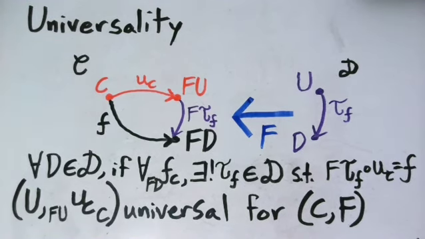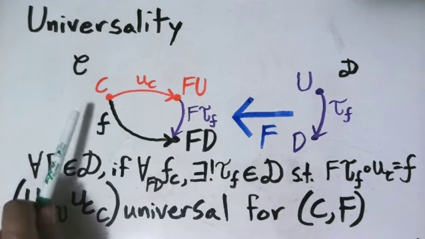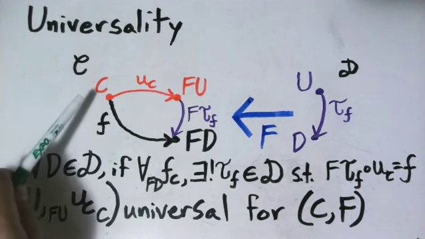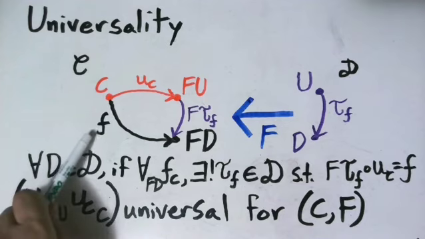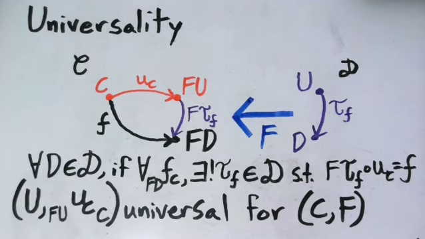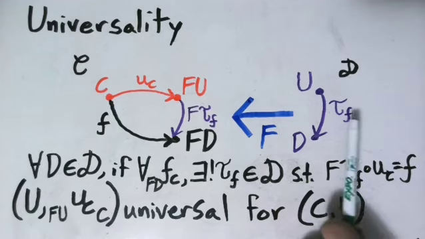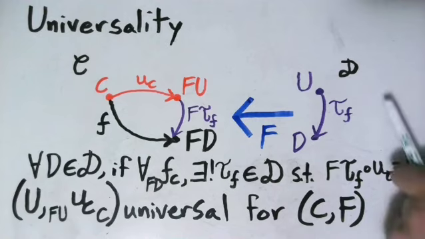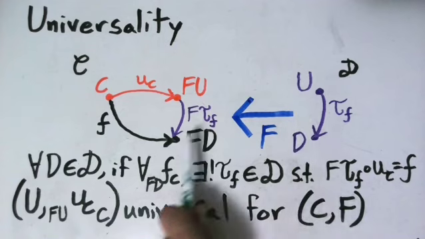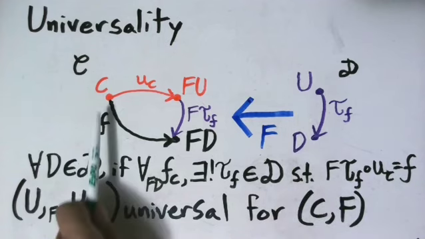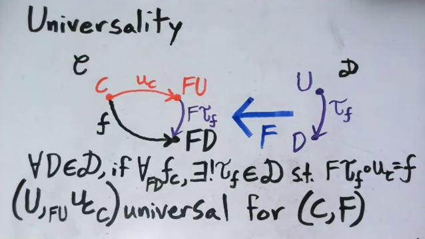And what it means for that pair to be universal is that for any object D in D, if we have some morphism f going from C into the image of D under F, so for any morphism f from C into F of D, there is a unique morphism tau f in the category D, such that the image of that morphism allows this diagram here to commute.